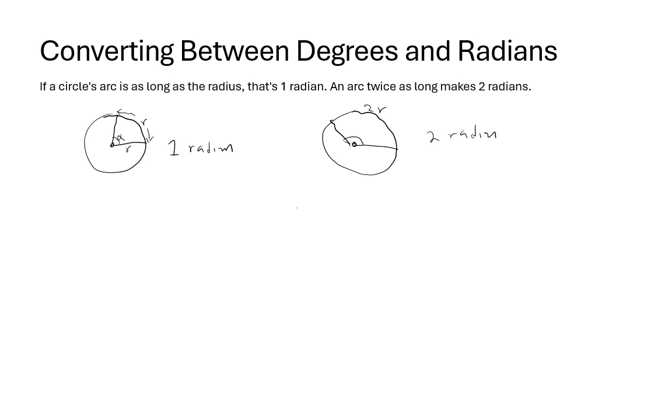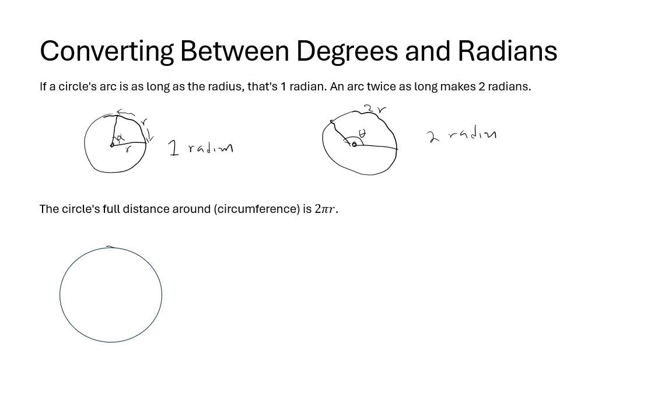So this angle, maybe theta, is 2 radians. The circle's full distance around, that is its circumference, is 2 pi r. So if I have a circle like this with the center here, r, this is 2 pi r.